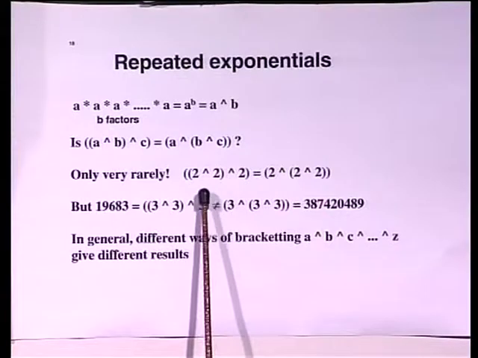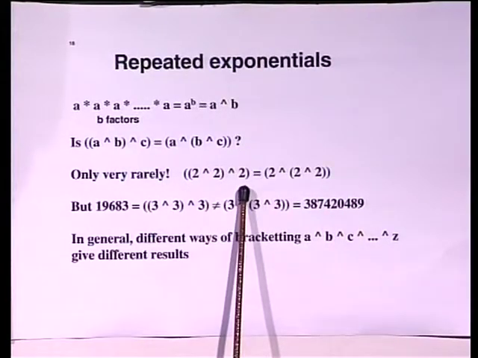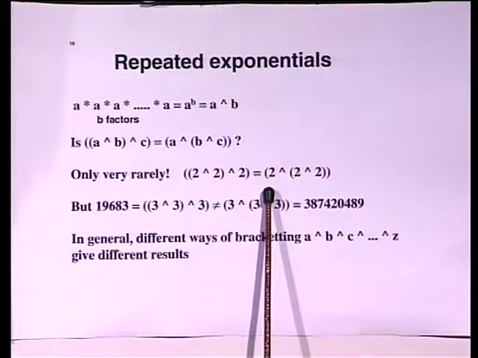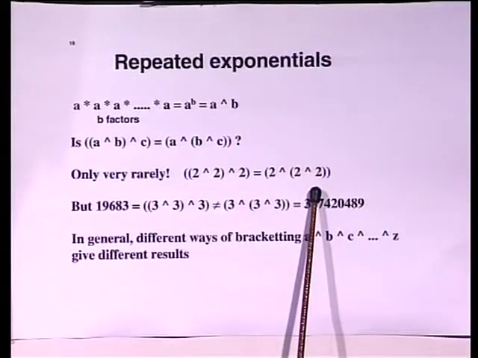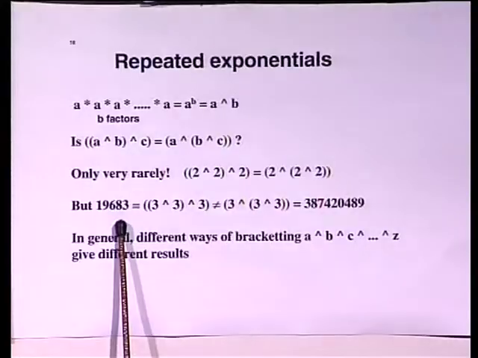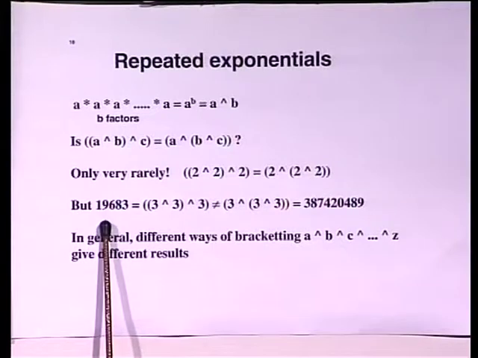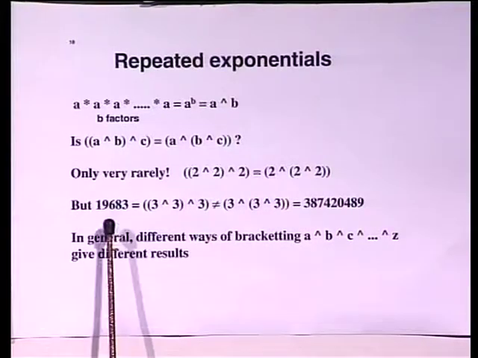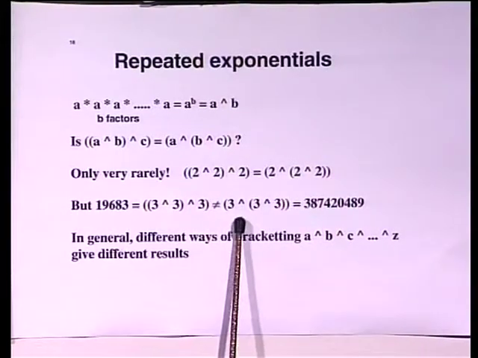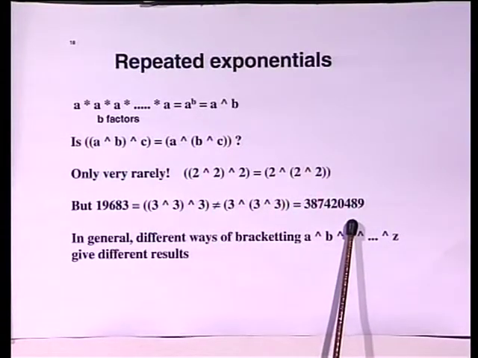You can see here 2 to the power 2 is 4, 4 squared is 16, and that's the same as over here, 2 to the power 4 is also 16. But that's very rare indeed, and on the next line you'll see that 3 to the power 3 is 27, 27 cubed is 19,683, and that's very different from 3 to the power 27, which is this very large number.